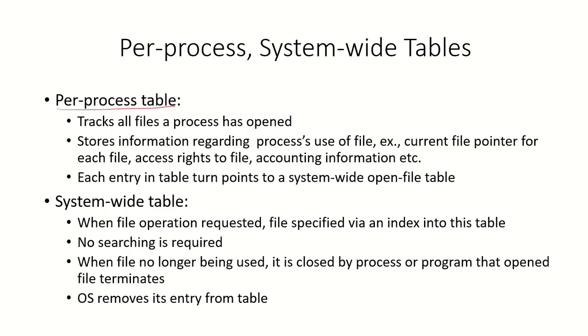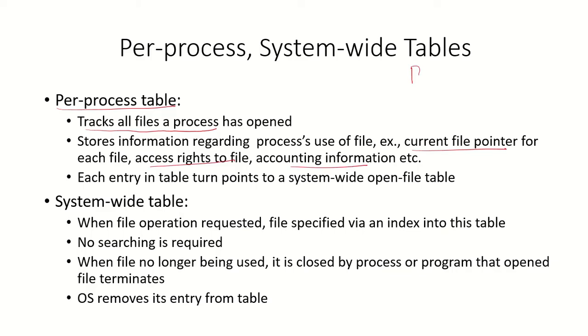In a per process table, that means for each process a table is being maintained. This will track all files that the process has opened, and it will store information regarding the use of the file by that process. That means the current file pointer for each file for that process only, access rights to the file, accounting information.